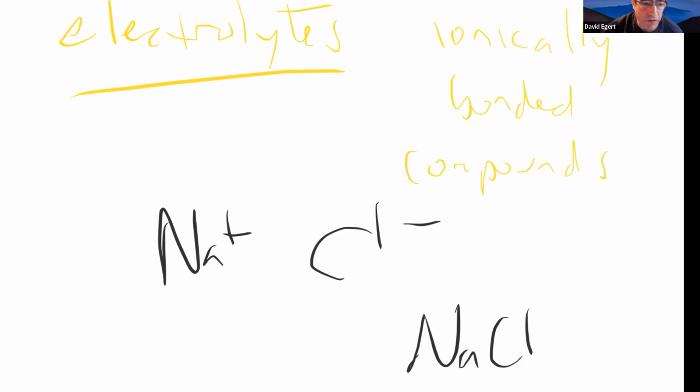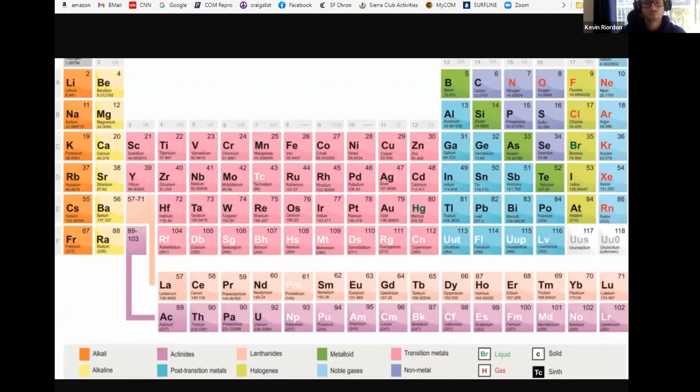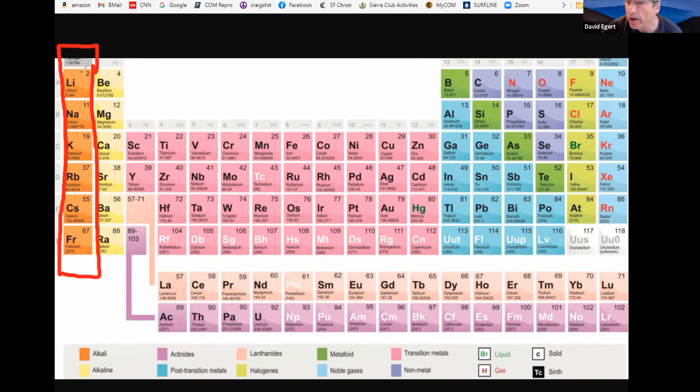Yeah, well, this thing is a salt, but usually if you have one of the alkali metals, if we go back to the periodic table here, these are the alkali metals, the ones like sodium, potassium.